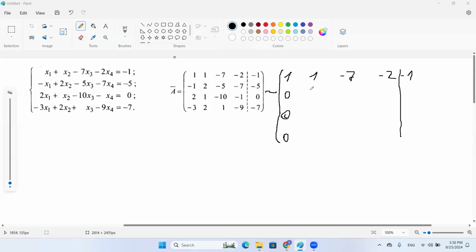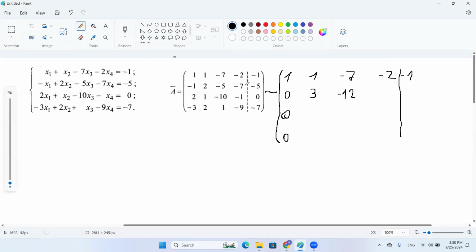We should add the first row to the second. Yeah, just add them. It will be 3, minus 2. Are you sure? Minus 12. Minus 12, yes. So just add them.